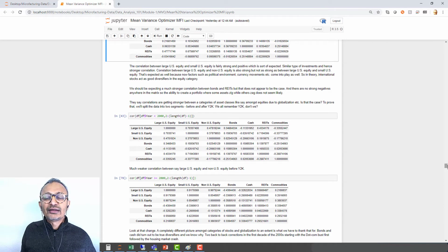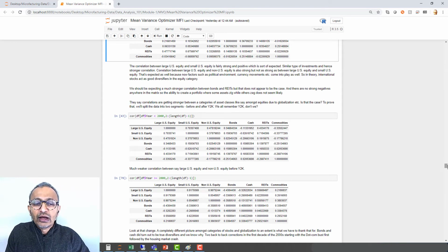You'll get into a data set, and you'll have multiple columns, and the first few things you'll do is get a gauge of what variables are related to what, and why. So you have to reason it out, just like I'm reasoning it out here, as to why I think large US stocks are correlating very well with small company stocks versus international stocks.